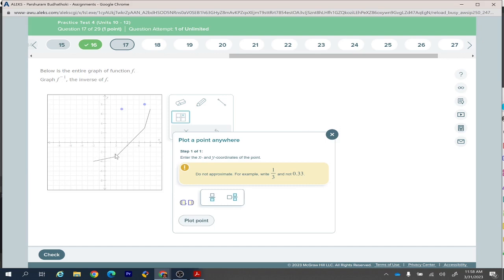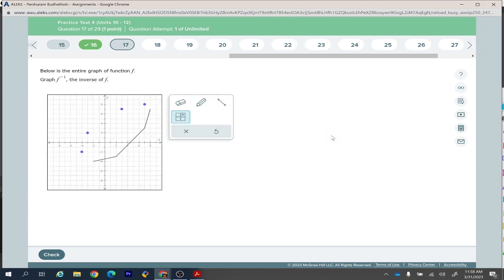This point, positive 2 comma -3, becomes -3 comma positive 2. Finally, this point, -2 comma -4, becomes -4 comma -2.